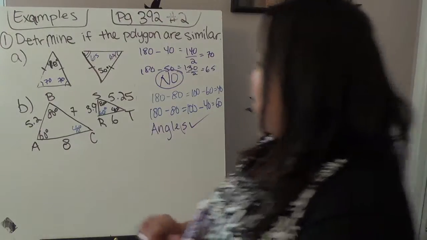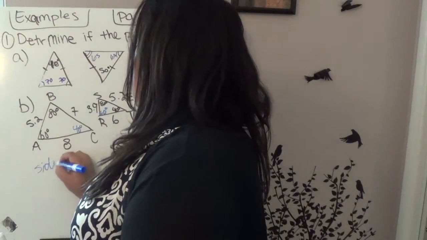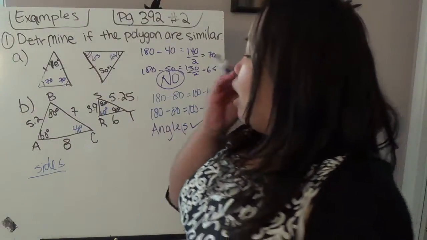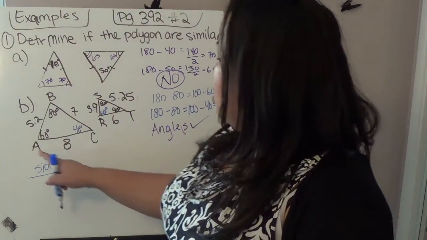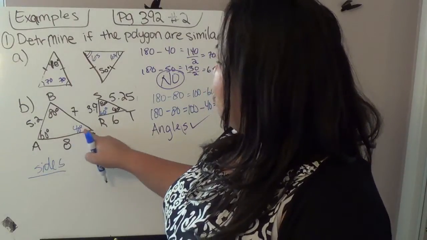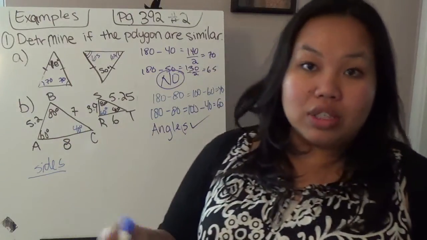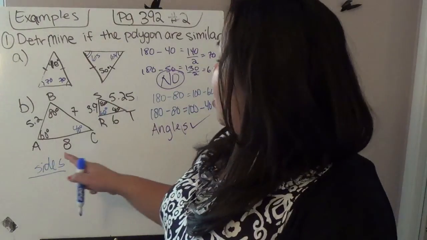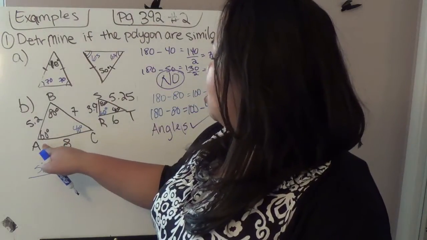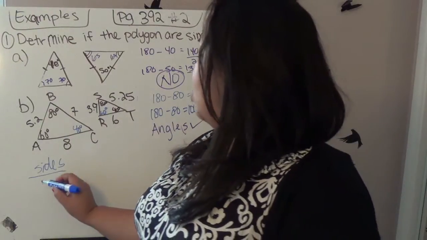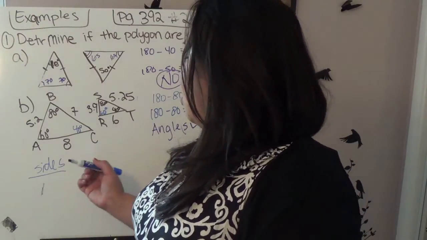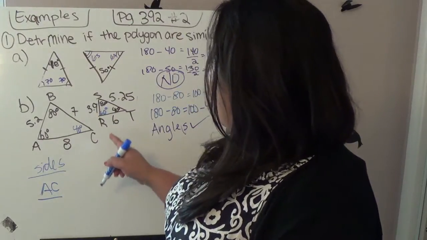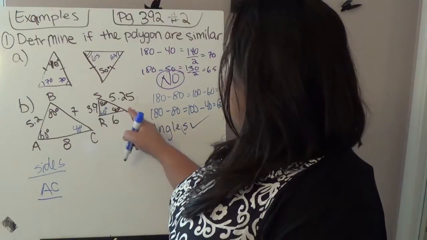Now we need to check sides. So I need to find the corresponding side. So AC is from 60 degrees to 40 degrees. It's very important to follow the angles because sometimes they can have these flipped or switched around. So AC over, this is 60 to 40, so I find 60 to 40, RT.